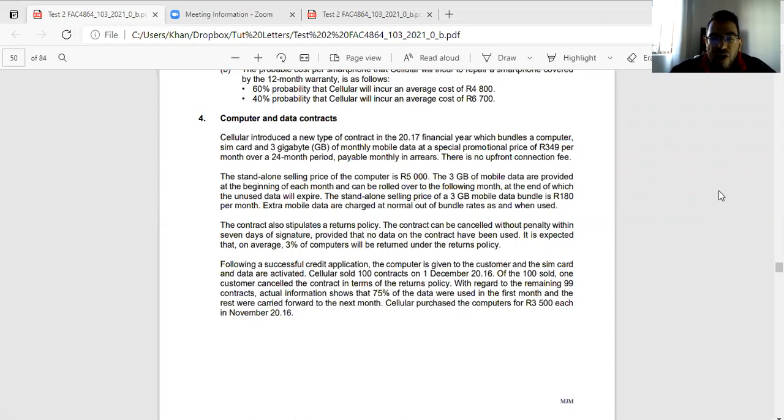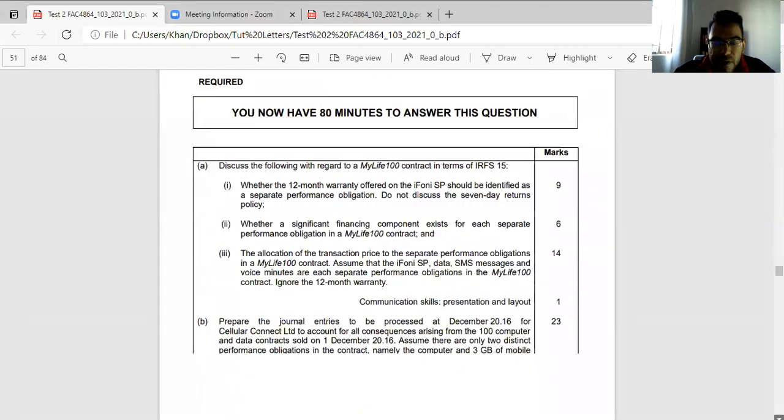Cellular purchased the computers for 3,500 Rand each in November 2016. So let's look at the required first to see what is required.